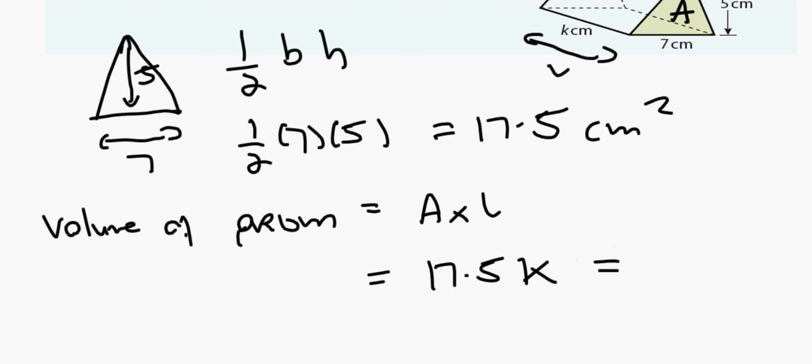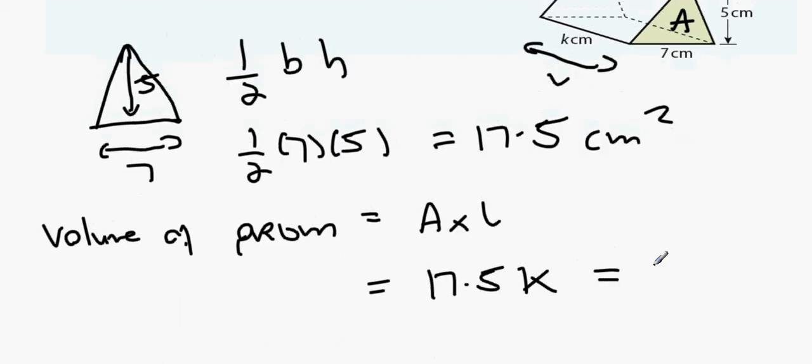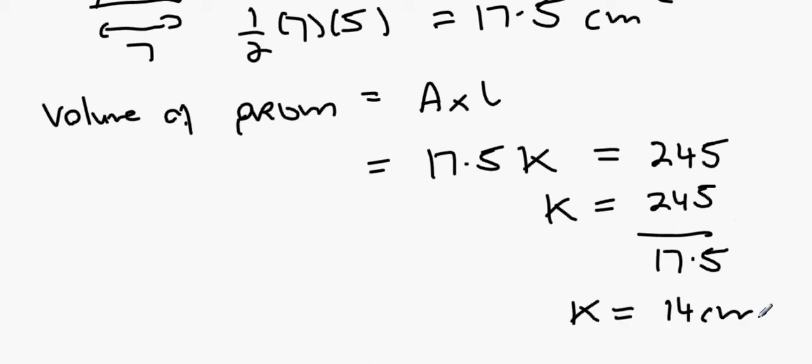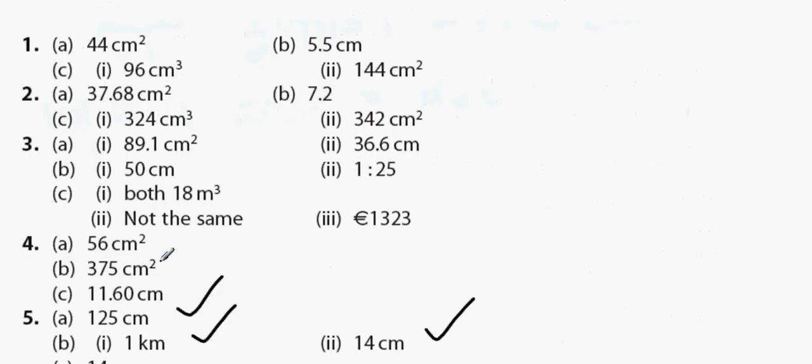So to get K on its own, divide 245 by 17.5. 245 divided by 17.5, and we get K is 14 centimeters. Okay. And K is 14 centimeters. Okay, next one.